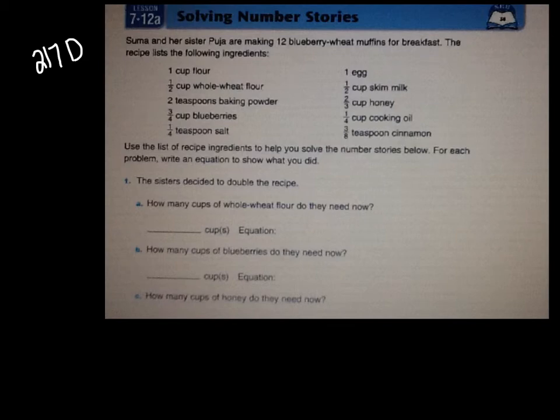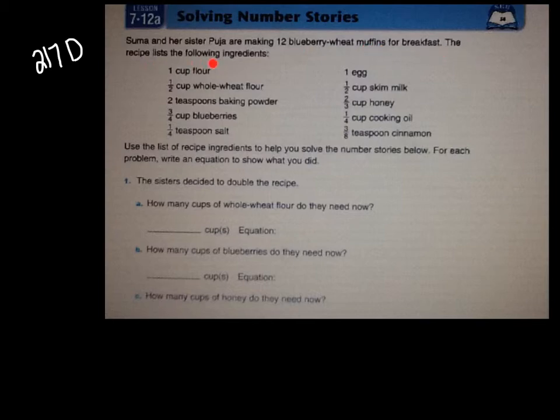Now let's take a look at page 217d, which will be solving number stories using multiplication of whole numbers times fractions. It says, Suma and her sister Pooja are making 12 blueberry wheat muffins for breakfast.